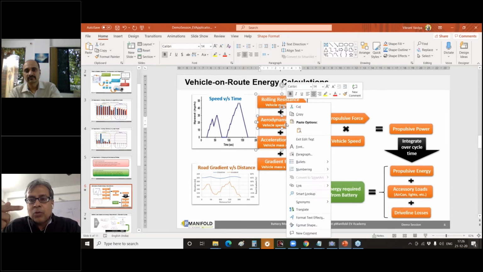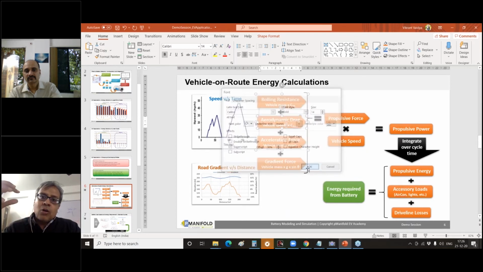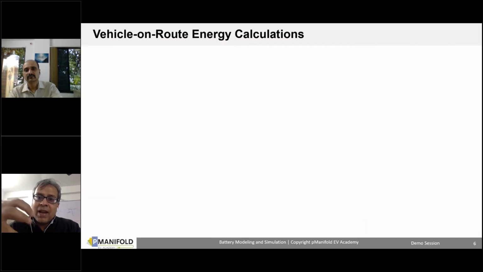It will help you to really understand these different use cases. This is how the air conditioning, when it interacts with the battery, puts a load on it. However realistically we model the air conditioning load coming onto the battery, you will be able to see how it impacts the battery.